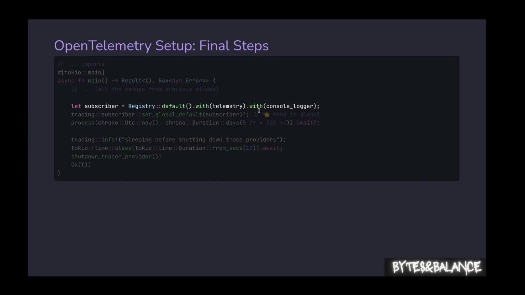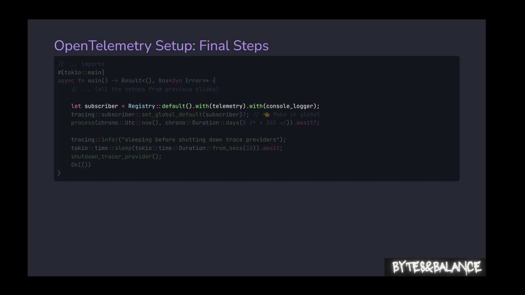What we have here is combining all the components we've created and ensuring that the traces are correctly collected and exported. So we create a subscriber that combines our OpenTelemetry telemetry layer and the console logger layer. This means that both tracing data, the spans, and the log messages will be collected and processed by this exact combined subscriber.